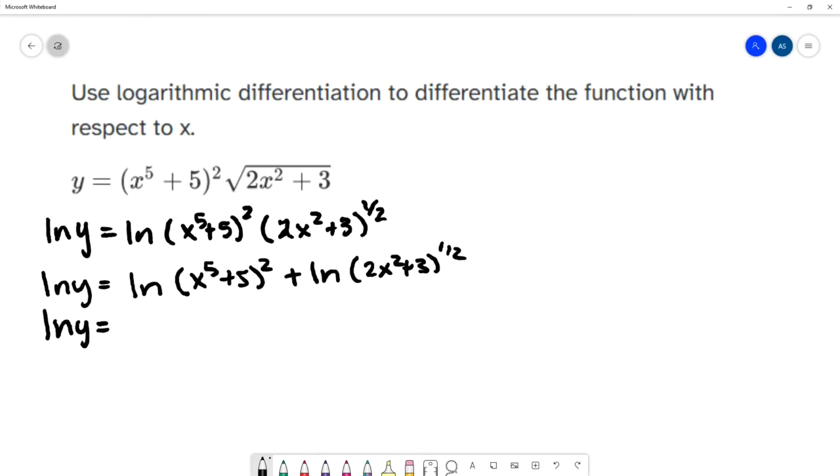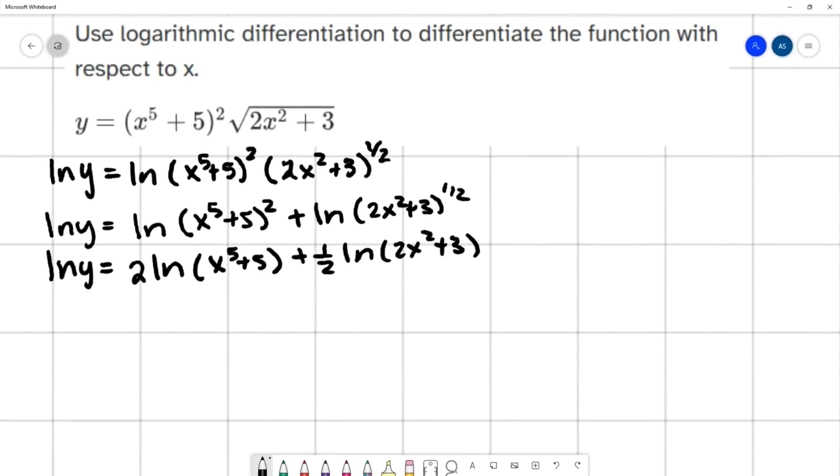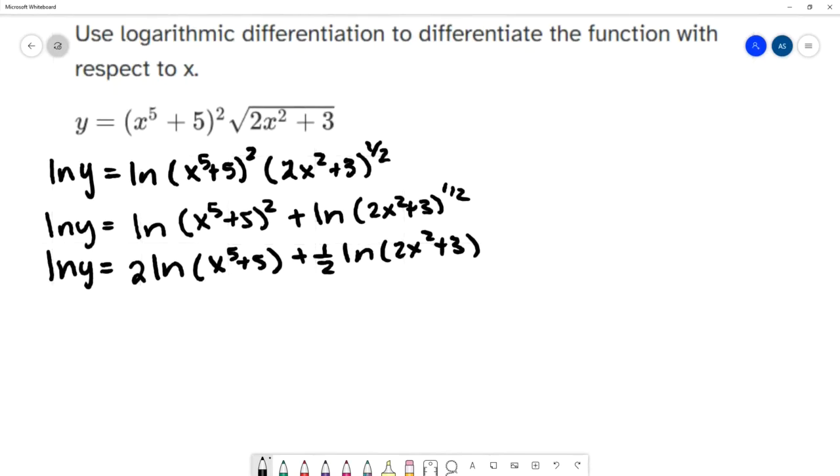It allows me to bring these exponents to the coefficient, so that's 2 natural log of x to the 5th plus 5 plus 1/2 natural log of 2x squared plus 3. And now that I've got it fully expanded, I'm going to calculate the derivative with respect to x on both sides.